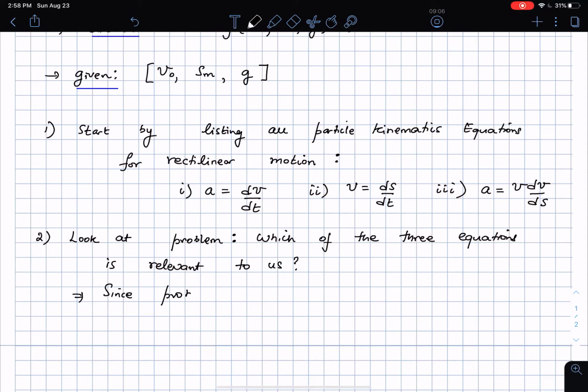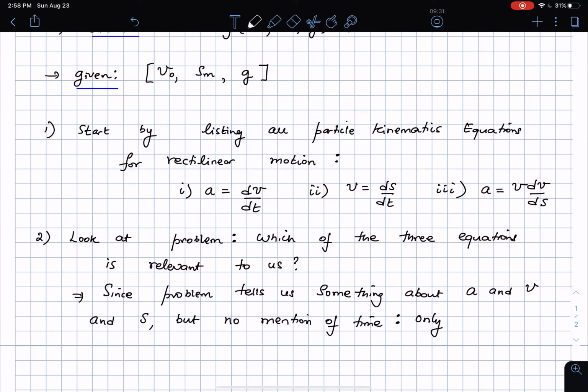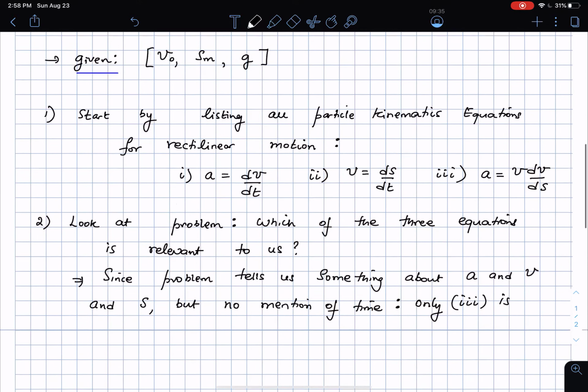So since the problem tells us something about a, v, and s, but no mention of time, only equation 3 is relevant.